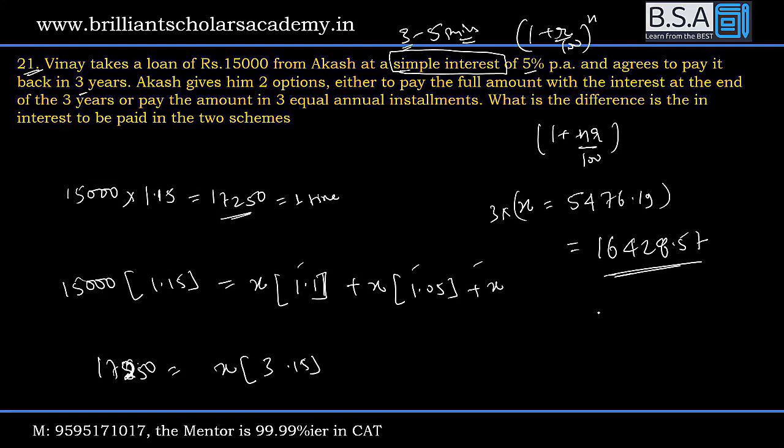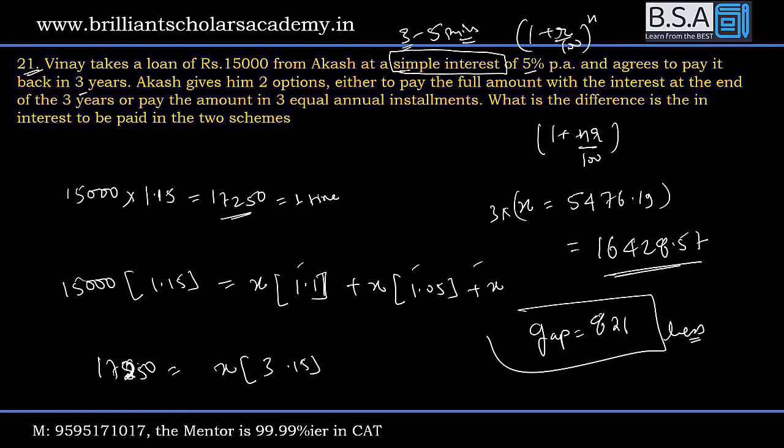The gap is 821 rupees, 821.42. So 821 rupees less are needed. If you are paying installments rather than paying the whole thing in one go, you have to pay 821 rupees less.